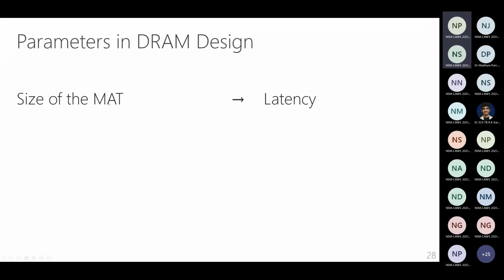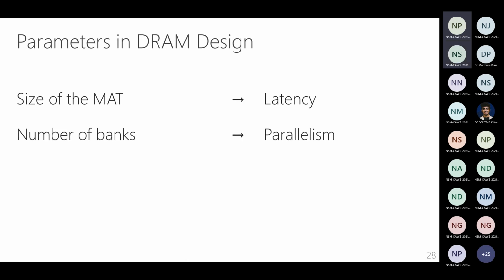If you look at the size of the mat, like I already mentioned before, it's going to affect latency. If you have a really large mat, the bit line is going to be longer, which means the capacitance of the bit line is also going to be larger, and that essentially increases the latency of access, right? So larger mats essentially mean higher latency.